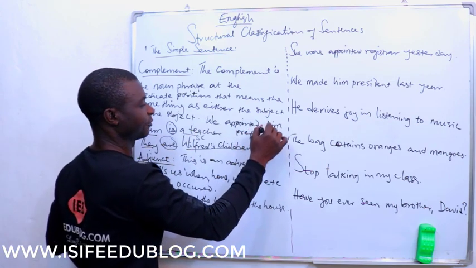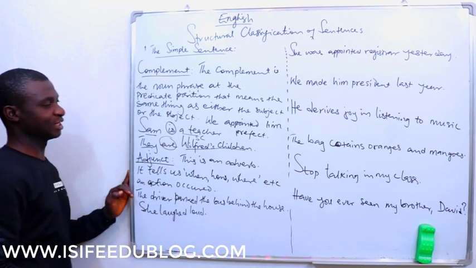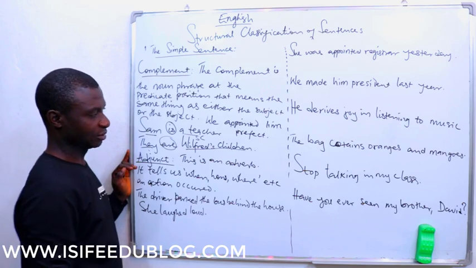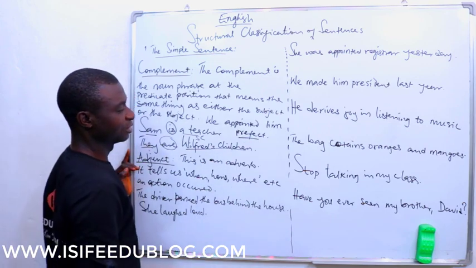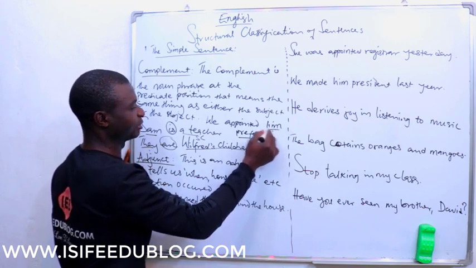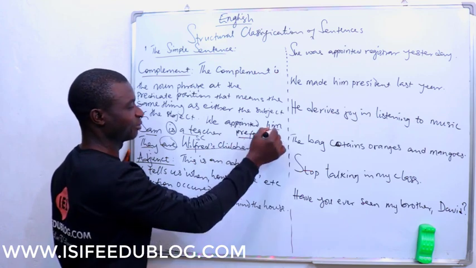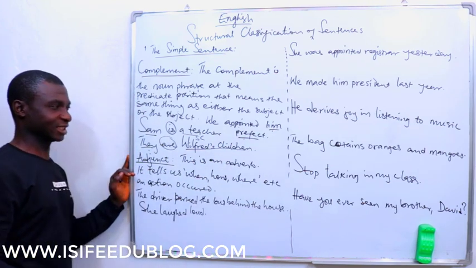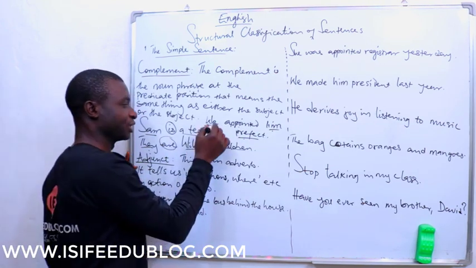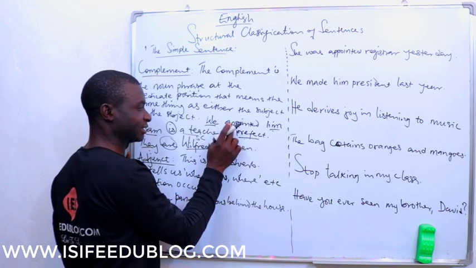Let's look at this. If we appointed him prefect, prefect is the same person as him, and him is the object of the verb appointed. Therefore, prefect is object complement. Let's take it one at a time. We is the subject of this sentence, right? Appointed is the verb, right?